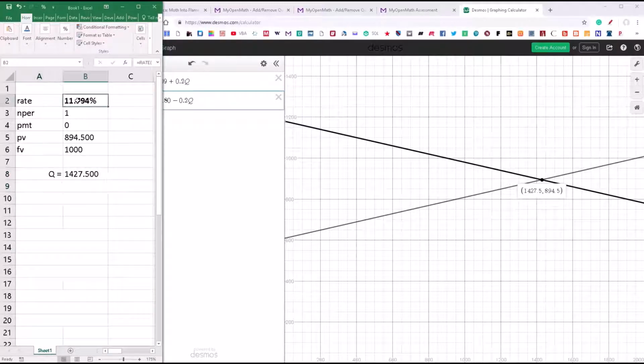And then the interest rate, using the rate function in Excel, for a 1-period bond. It's a zero coupon bond, so the coupon payments are zero. The price is negative because we have to pay it in order to get the $1,000 future value. So the equilibrium interest rate is 11.794.